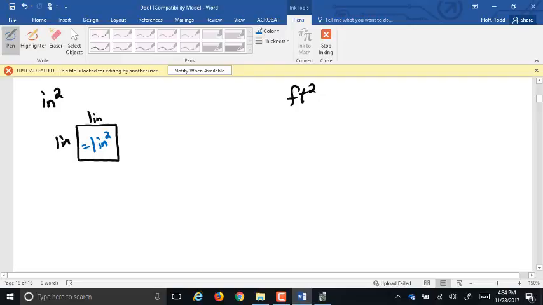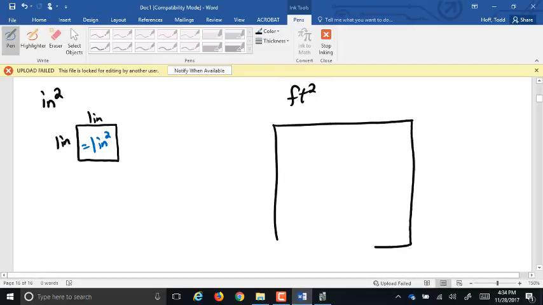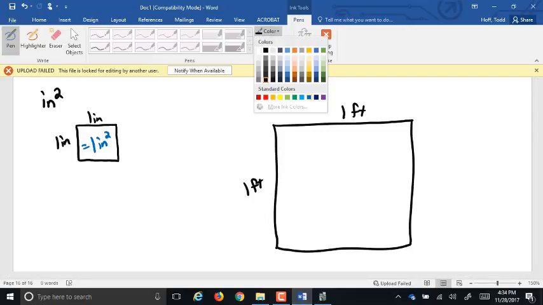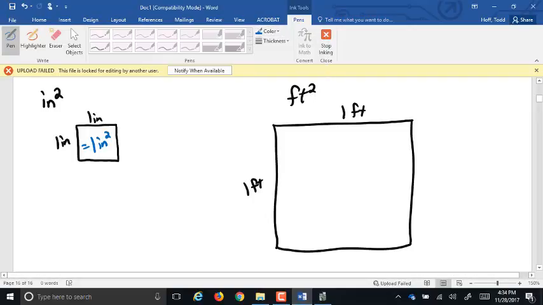And if you did the math, it actually works out. 1 inch times 1 inch is 1 inch squared. A foot is the same thing. A square foot is obviously not drawn to scale here, by the way. A square that is 1 foot by 1 foot. So 1 foot times 1 foot is 1 foot squared, or 1 square foot.